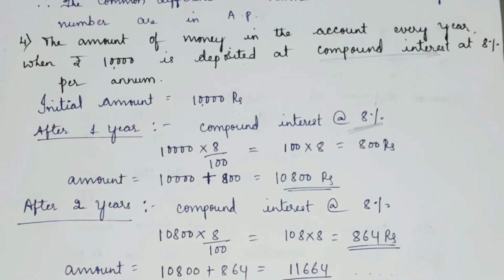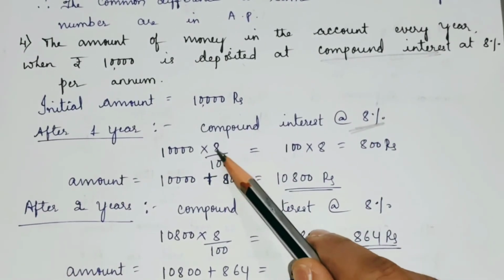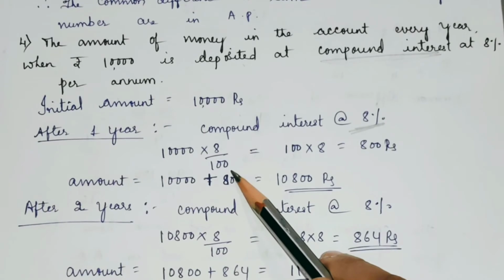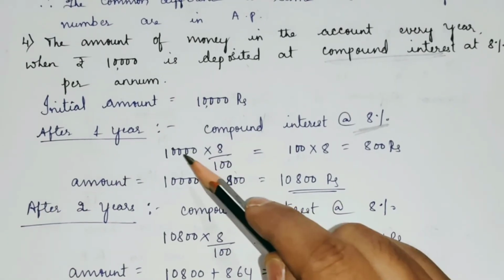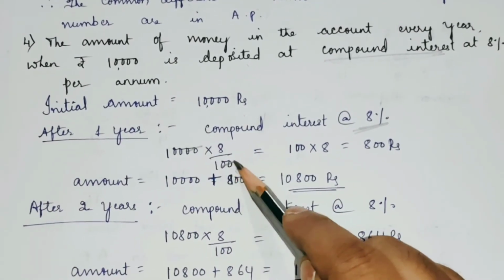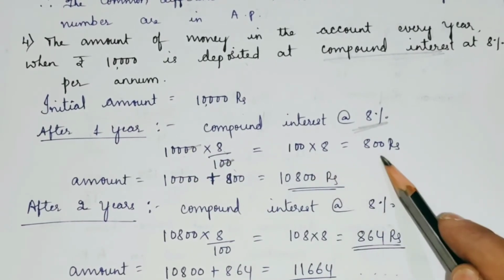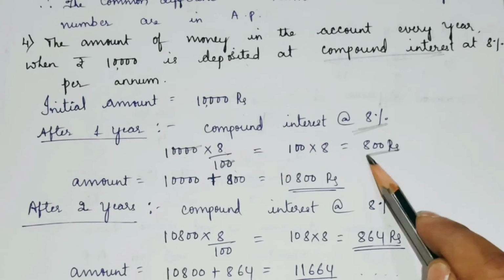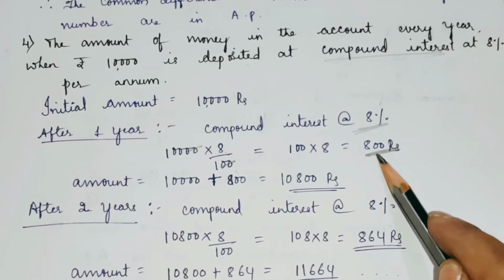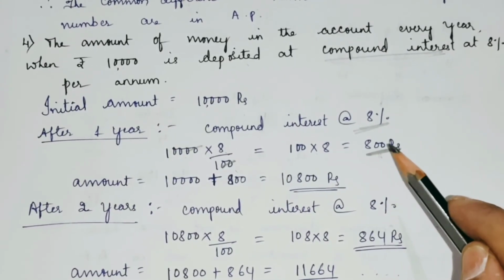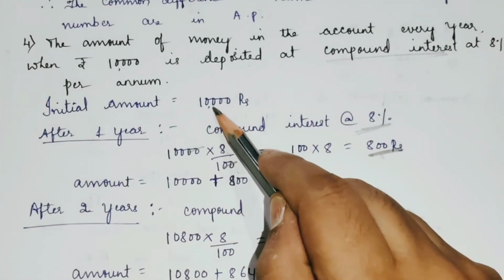What is the meaning of 8%? 8% means 8 divided by 100. Here the 20 and 20 will get cancelled. Then 100 into 8 is 800. This is the interest they got after 1 year for the amount of 10,000 rupees.